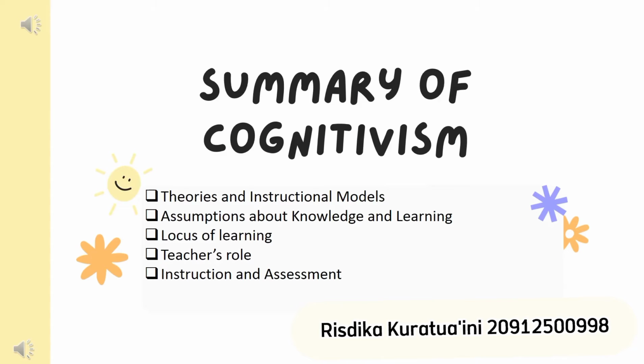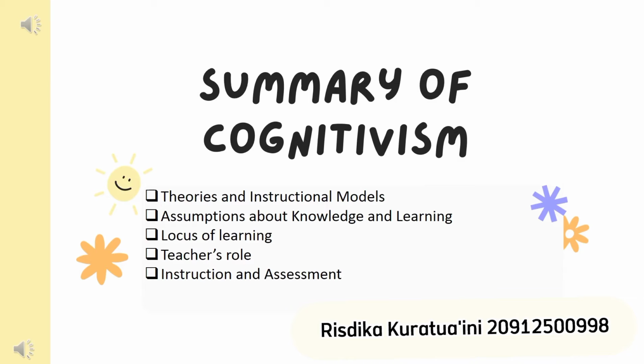Michael and Zepkio, 2010, gave a summary of cognitivism as can be seen below. Theories and instructional models: dual coding theory, elaboration theory, and schema theory; Collins and Stevens' inquiry technique models, Keller's ARCS model of motivation, Merrill's component display model.